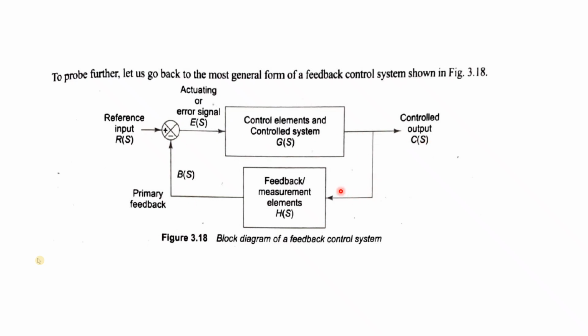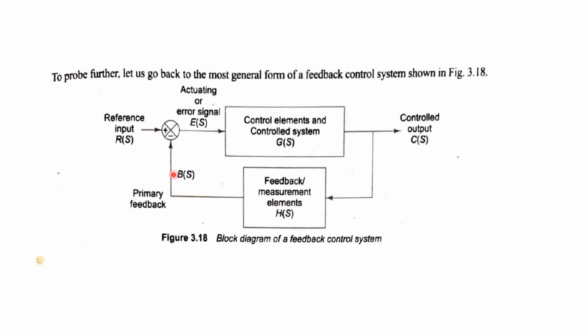So if I name them, the output is C(s), and C(s) is treated as a feedback. And there is a measurement unit which is called H(s). So H(s) is the feedback element. Okay, what signal is entering the feedback element?